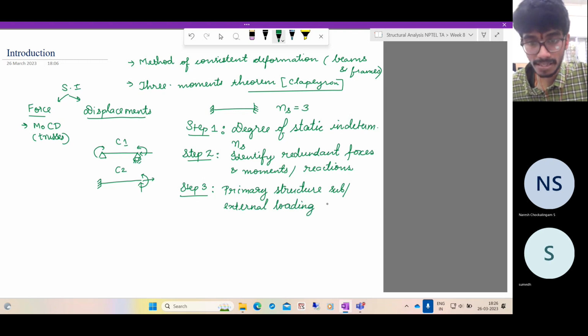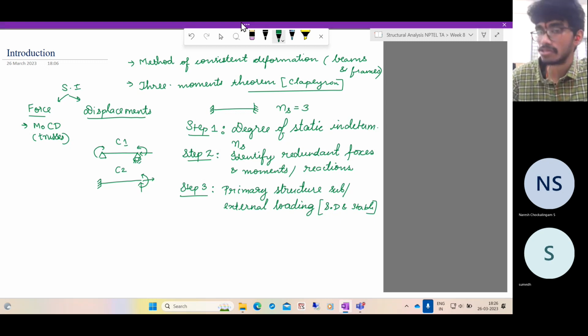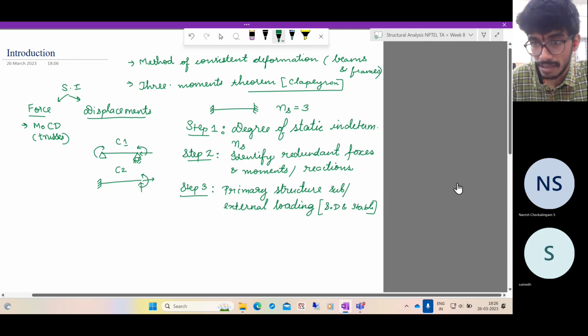The primary structure is what is obtained after removing the redundant forces, and it should be statically determinate and stable. It's a condition. It holds in the case of beams as well.